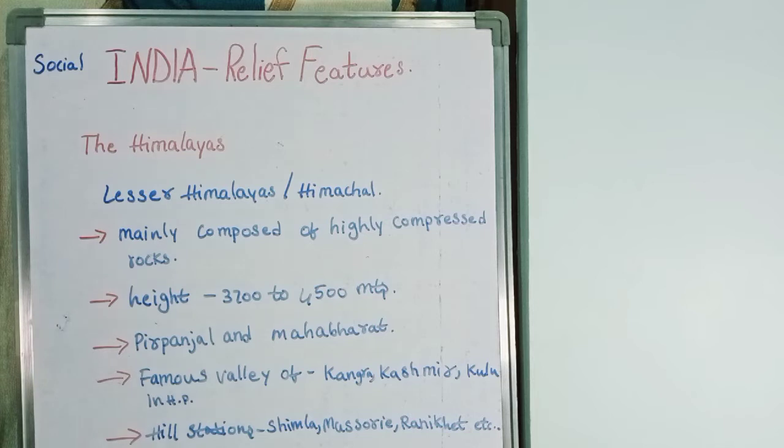It consists of the famous valleys of Kashmir, Kangra and Kulu in Himachal Pradesh. This region is well known for many hill stations like Shimla, Mussoorie, Ranikhet, Nainital and others. This is full of evergreen forests.